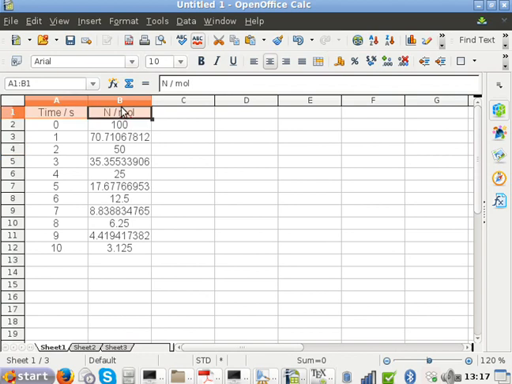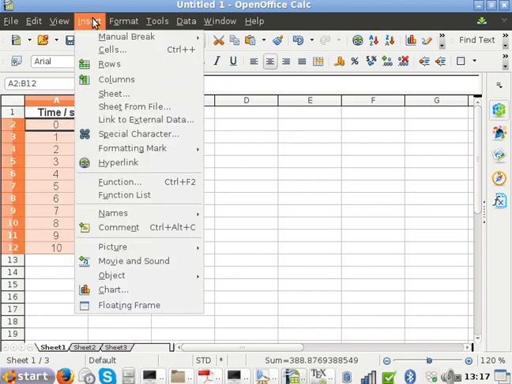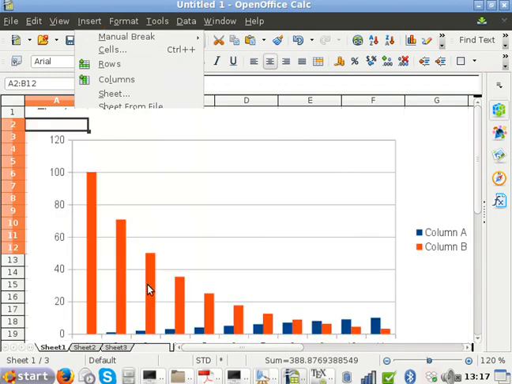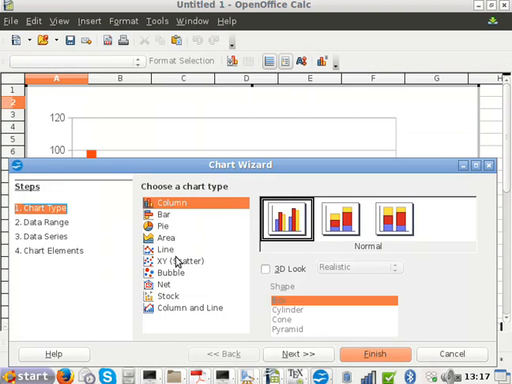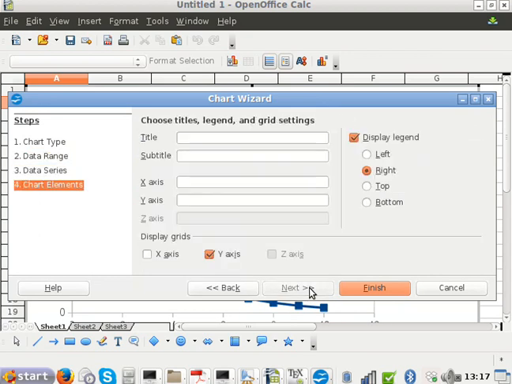Okay, so let me draw this. Okay, so I want a nice graph, with the lines. And my title is, I don't know, just an example graph. And what goes in the x-axis?